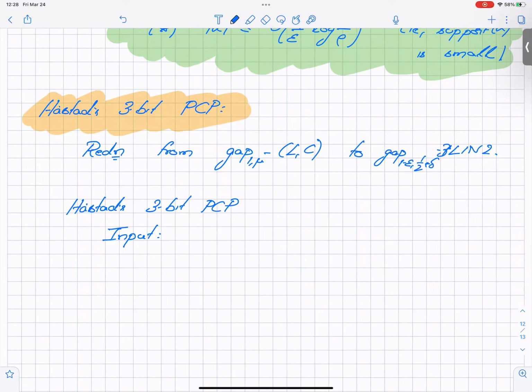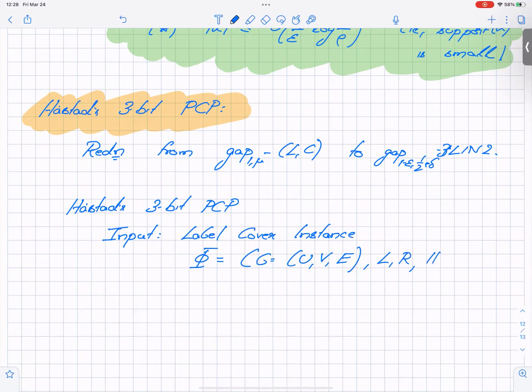Its input is a label cover instance. What's a label cover instance? It's a graph, with a set of right vertices, a set of left vertices, and edges. It's a bipartite graph. It has 2 alphabets L and R, and then a bunch of projections. So that's the input.